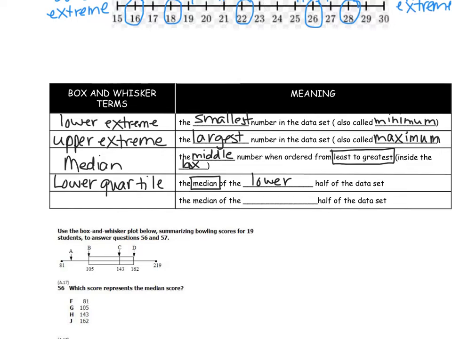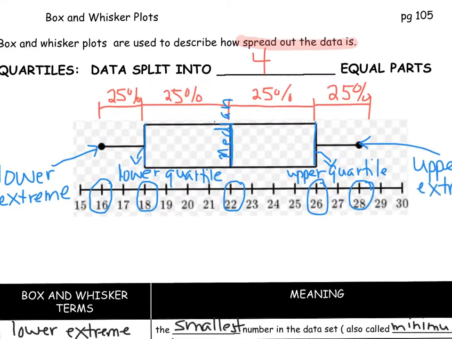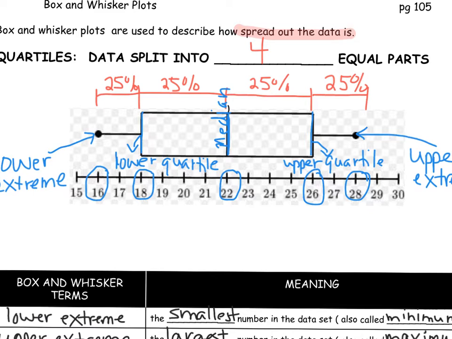If you notice, our median splits our data down the middle. So the lower quartile would be if you just went from the lower extreme to the median and counted into the middle, and that would be the lower quartile median.